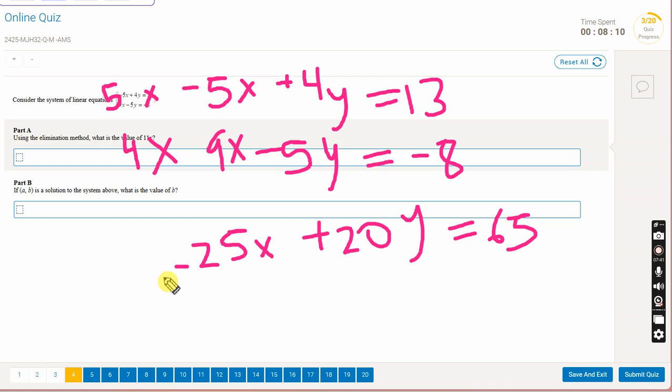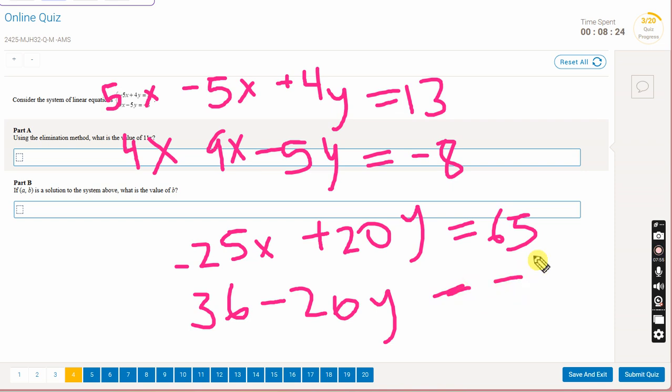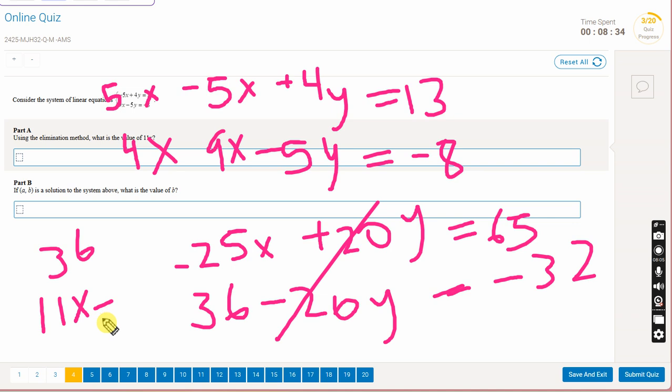And then the bottom one is 4 times 9x is 36x, minus 20y is equal to minus 32, right? So you remove these two, you get 36 minus 25, what do you get? 11. 11x is equal to 65 minus 32, you get here 33.